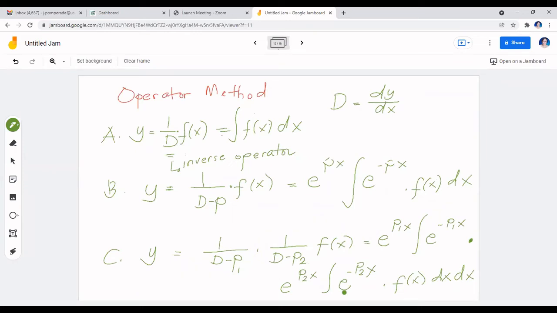By the way, before I forget, the question, in terms of the roots, does it have to be like 1 over d minus p1? Can they be interchanged? The answer is yes, they can be interchanged. But in the case of the operator method, whenever you exchange the location of these constants here, that also changes the manner you integrate.